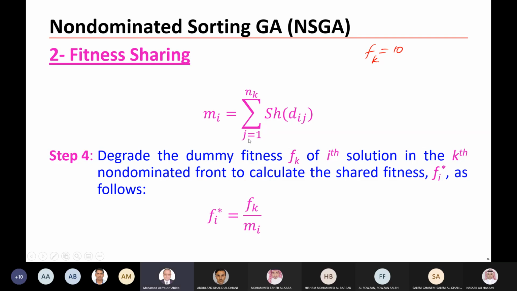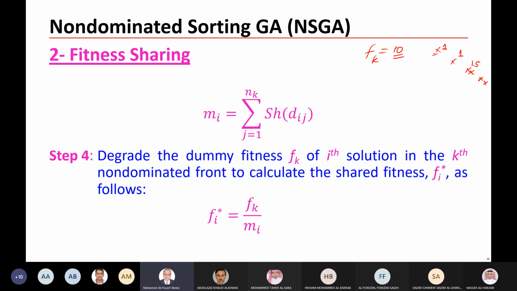Is it clear? We start with 10, and we have different solutions here. Assume that the M share for this one will be 1, since nothing is around. Also, M here is 1. Here we have 2 solutions, so we will degrade each other.